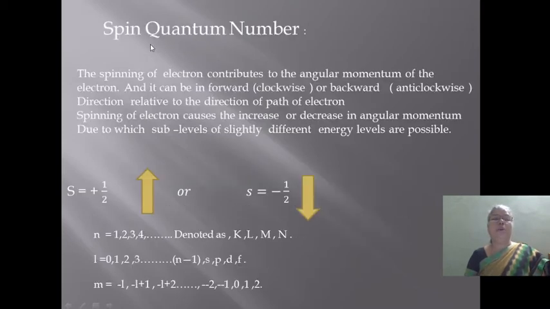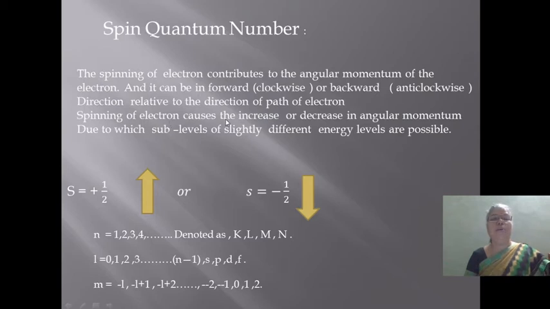Then the last quantum number is the spin quantum number. Here the spinning of electron contributes to the angular momentum of the electron, and it can be in forward, that means clockwise direction, or backward, that means anti-clockwise direction, relative to the direction of path of electron.